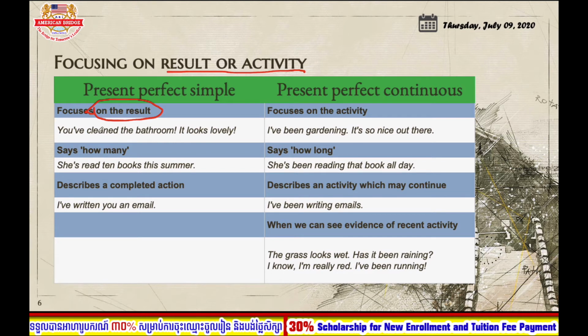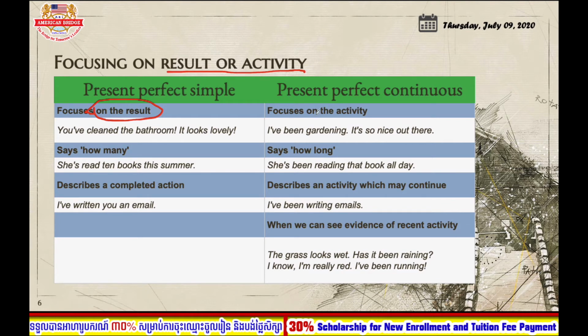So when you hear this type of sentence or read it in books, the focus of the speaker is on the result, which means the room is now clean. And why is it clean? Because someone has cleaned the bathroom already, right? The action and the result is what they focus on. They don't put the focus on the time.